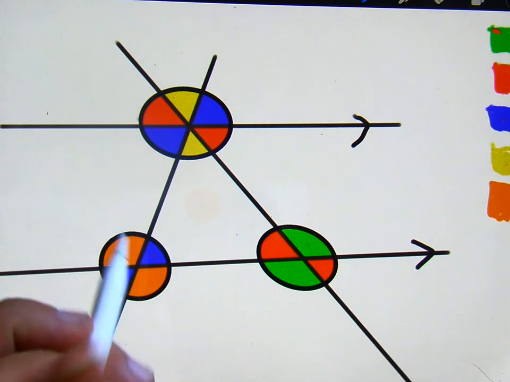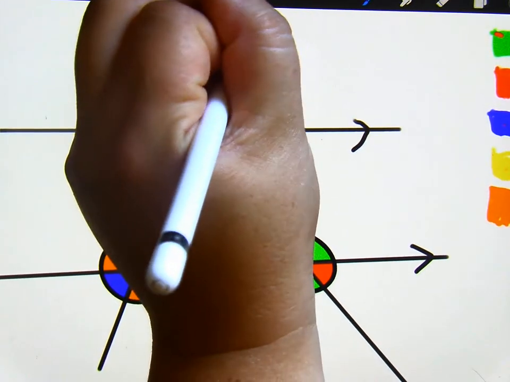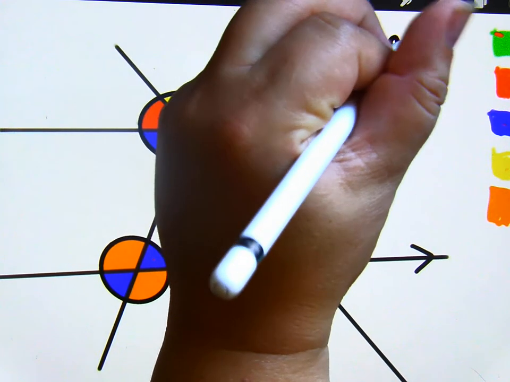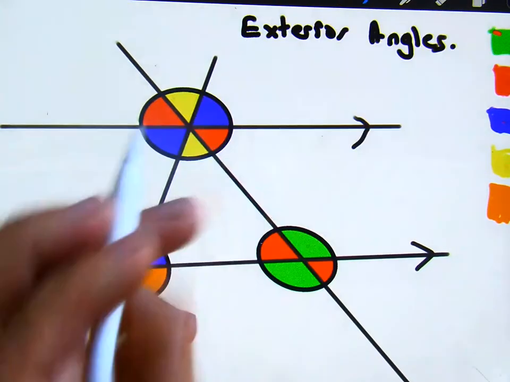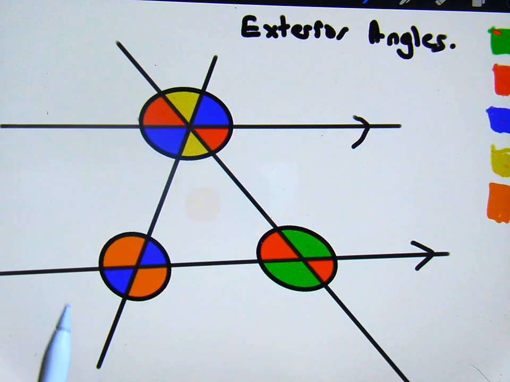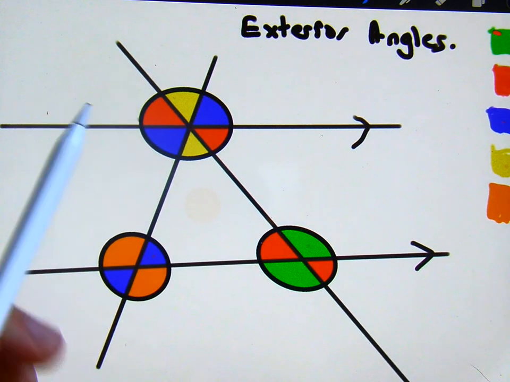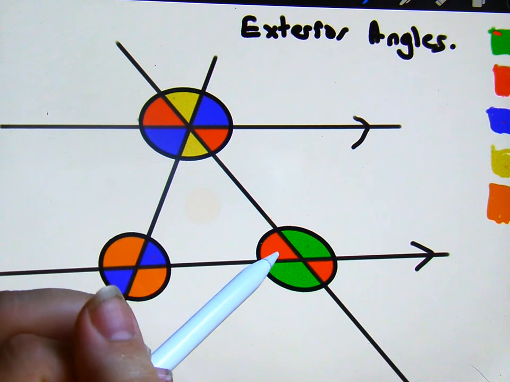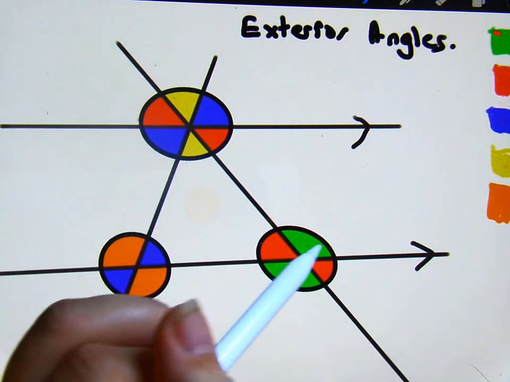The next one that we're going to be looking at is about exterior angles. Okay? And the exterior angle is a relationship between this angle here and this triangle.